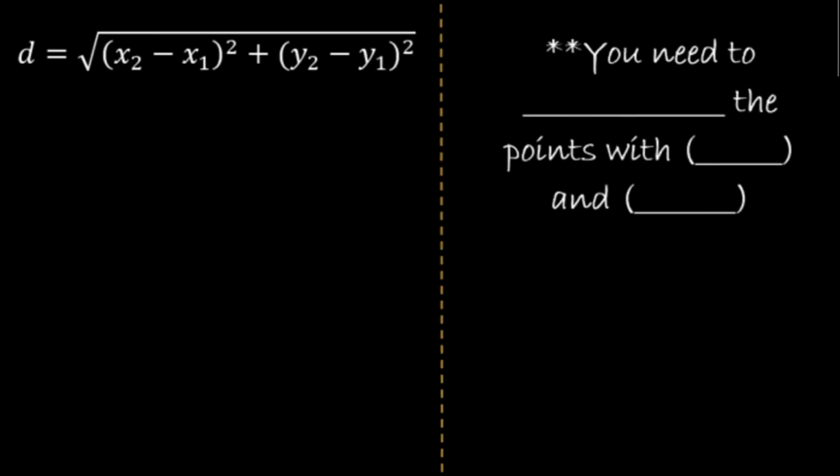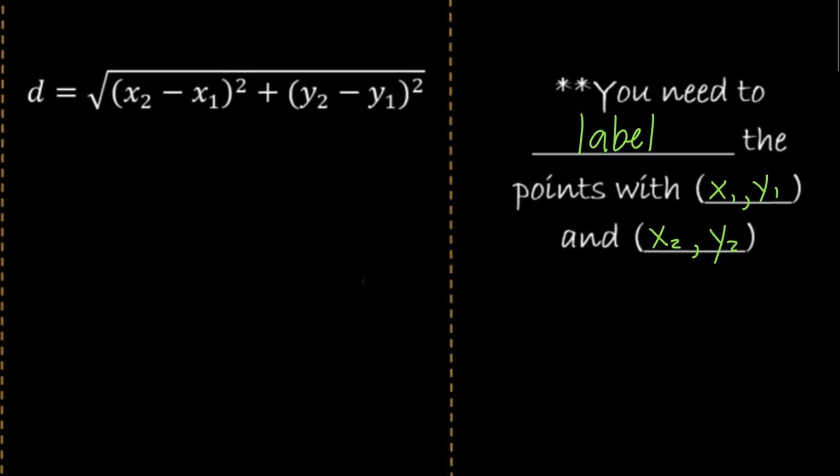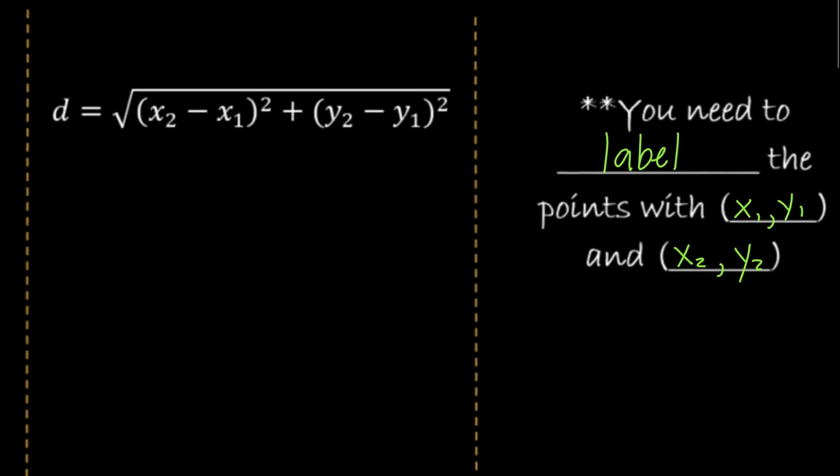So, in order to use the distance formula, you need to label your points with x1, y1, x2, y2. So what I'm going to do this problem is I'm going to rewrite the points right up here.